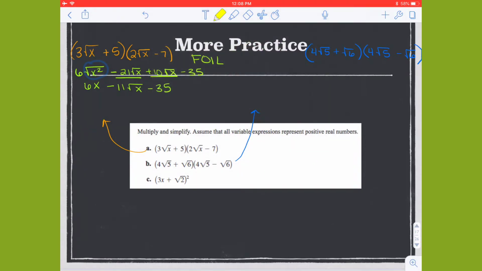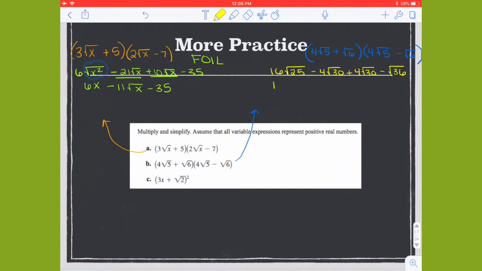So as I go to solve this, 4 times 4 is 16, and the square root of 5 times the square root of 5 is the square root of 25. My outer term gets me negative 4 square root of 30. My inner term gets me positive 4 square root of 30. And my last term gets me negative square root of 36.